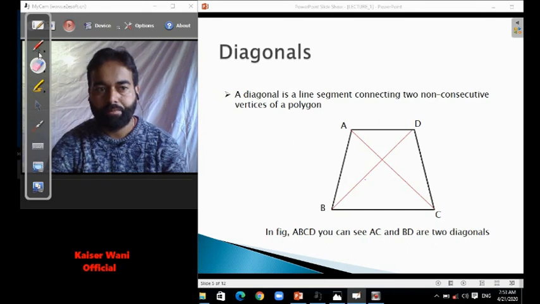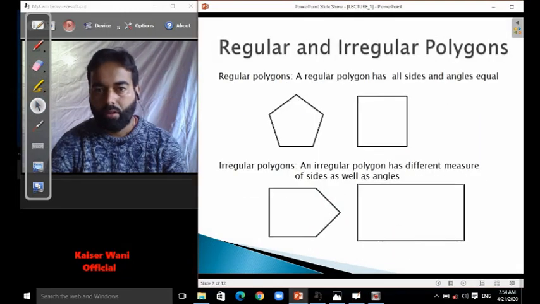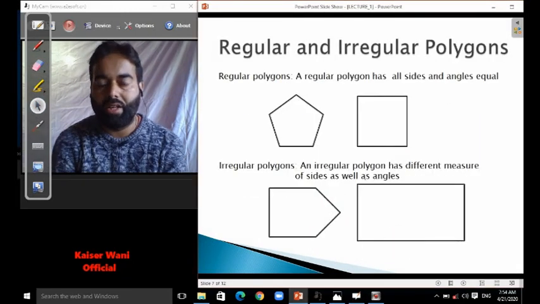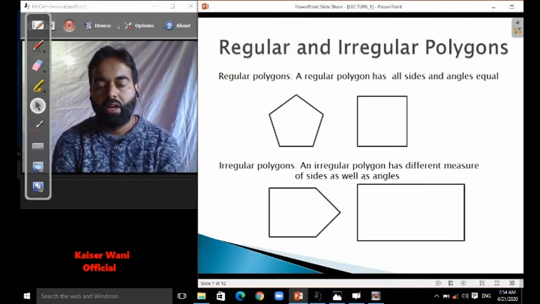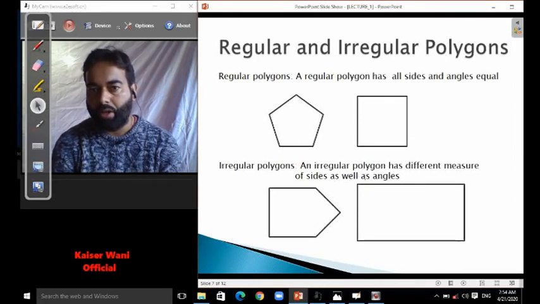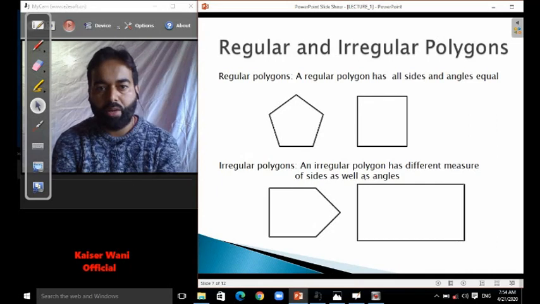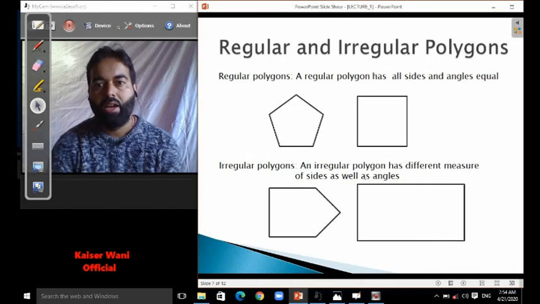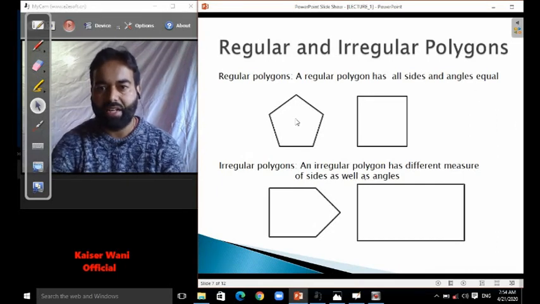After that, another classification of polygon: regular and irregular polygon. So what is a regular polygon? A regular polygon has all sides and angles equal. So this is a polygon, a pentagon.